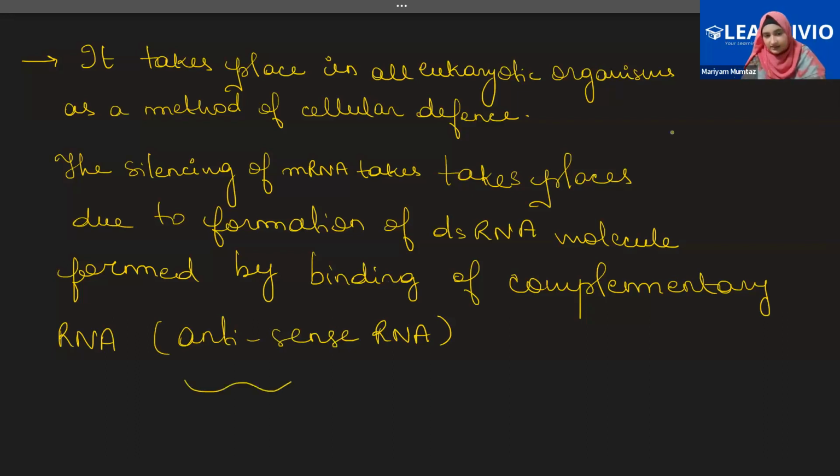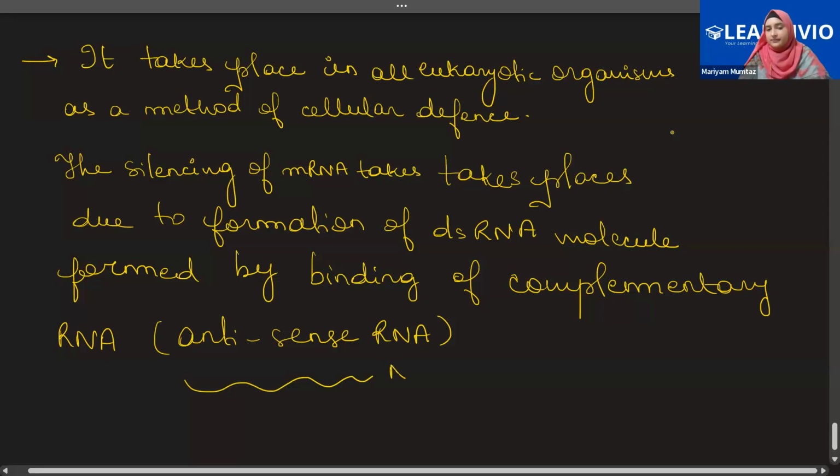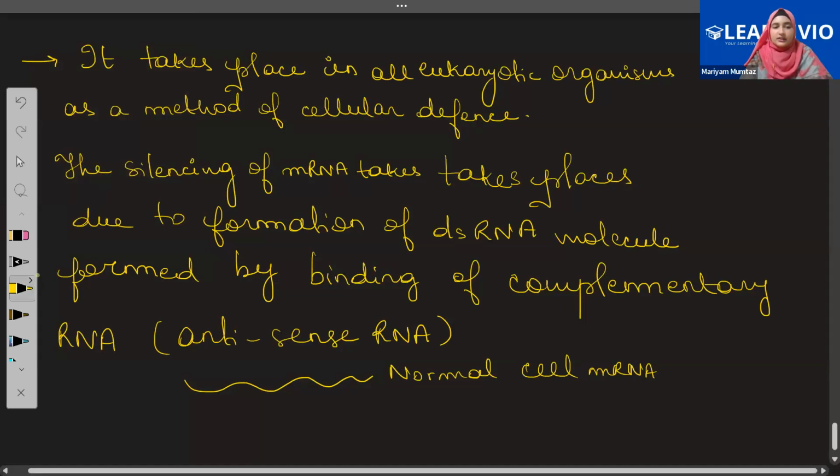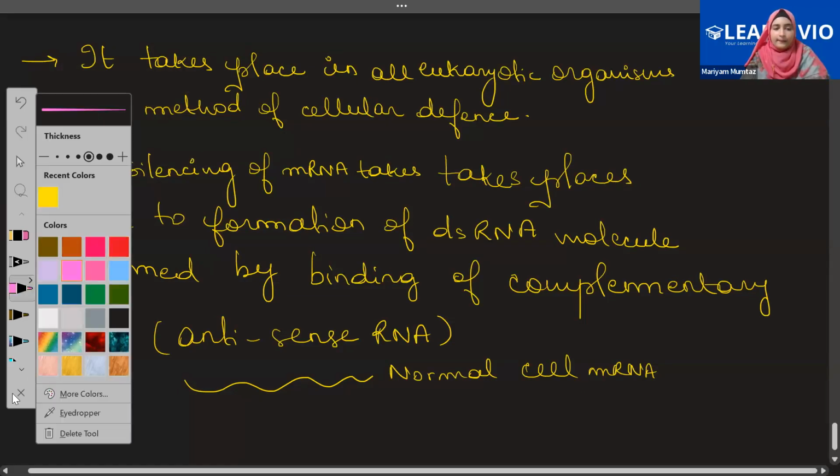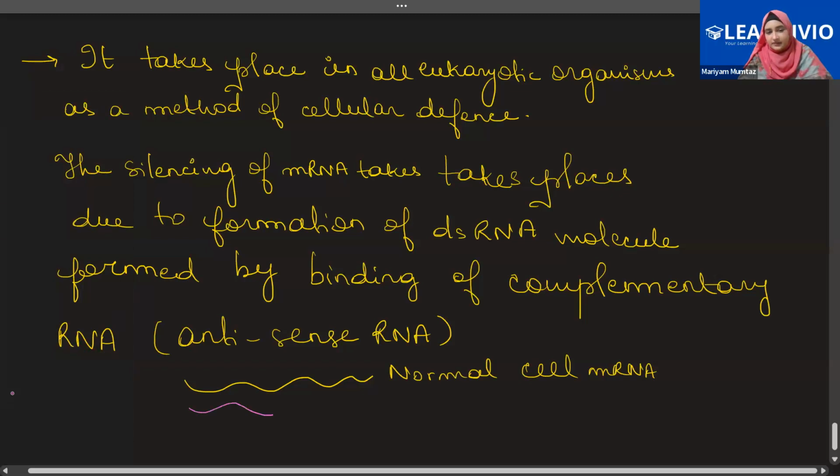So for example, this is the normal mRNA. Normal cell mRNA, normal ones that the organism has. Now, when this particular antisense mRNA is made, it will be made like this.